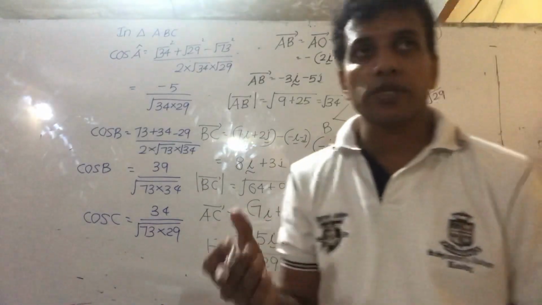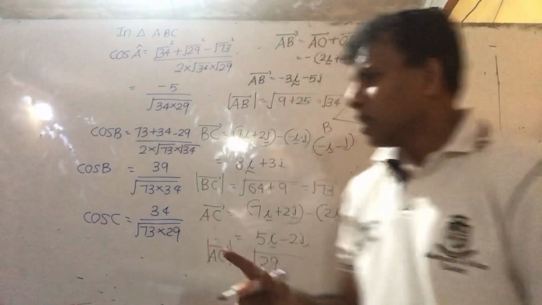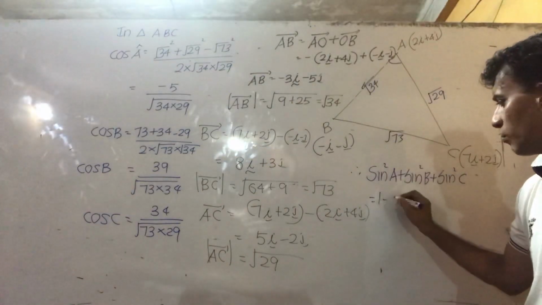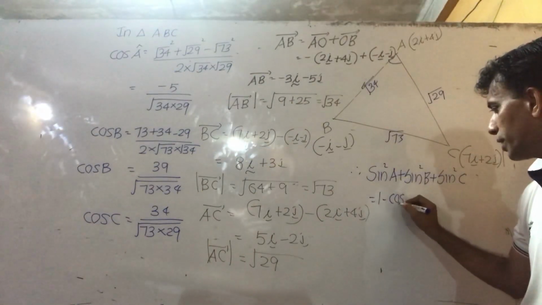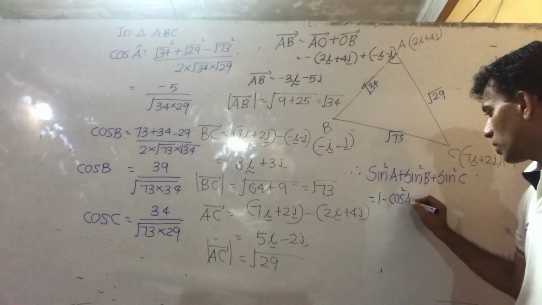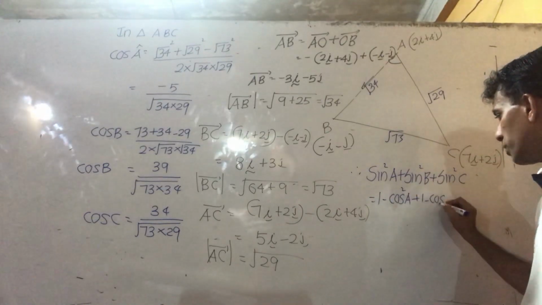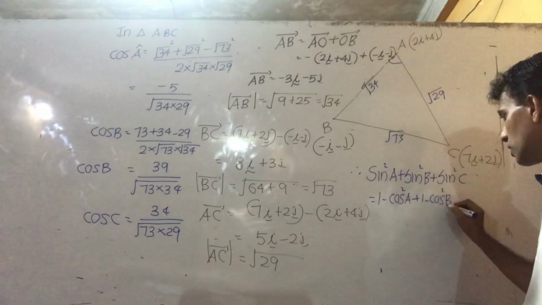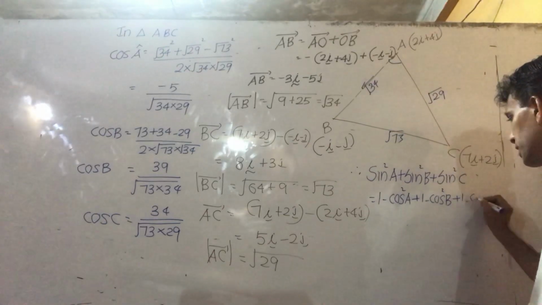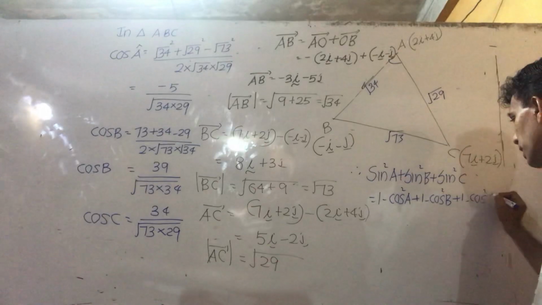Convert to cos, you know sine square plus cos square is 1. So sine square A is 1 minus cos square A, sine square B is 1 minus cos square B, and 1 minus cos square C, okay.